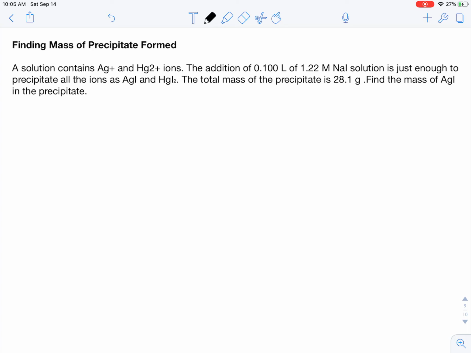Okay, so basically we have two reactions and we know the total mass of the two precipitates, and what was used in the reaction to form them. So I know that I have the mass of silver iodide and mercury iodide, which is equal to 28.1 grams.